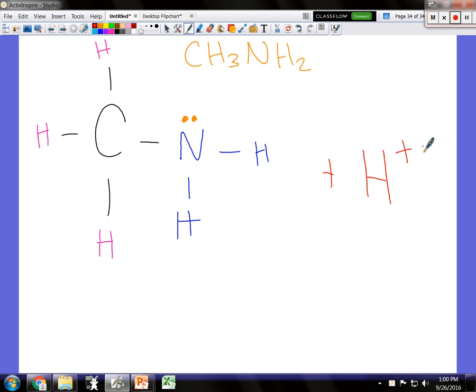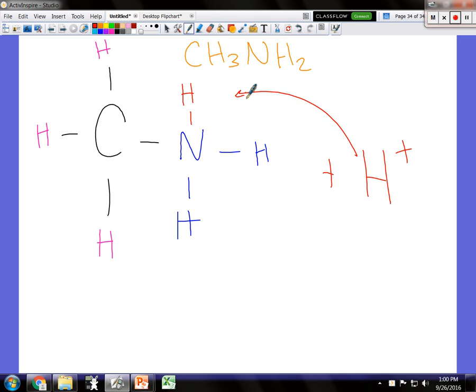What's the only thing in a hydrogen ion? 1 proton. We don't talk about neutrons. How many electrons would it need to be happy? 2, because who does it now look like? Helium. It has none, it needs 2. Guess who's got 2 to give it? So we take these 2 electrons and we donate them to this hydrogen.